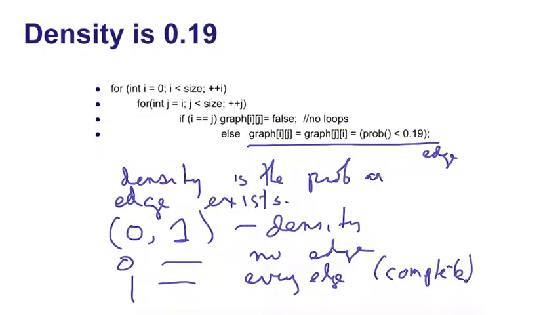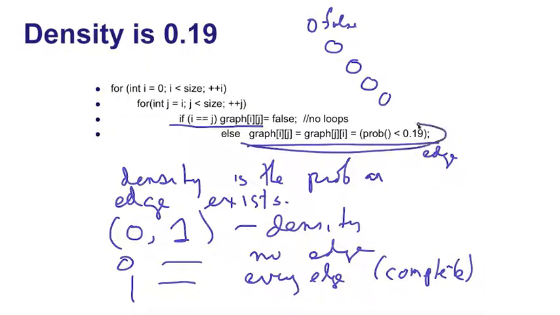So we have a for loop. The for loop marches through the two-dimensional graph. If i equals j, that means if it's on the diagonal, we automatically put in false. Otherwise, and this is symmetric, this turns out to be the undirected graph.